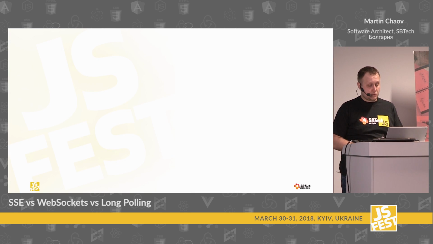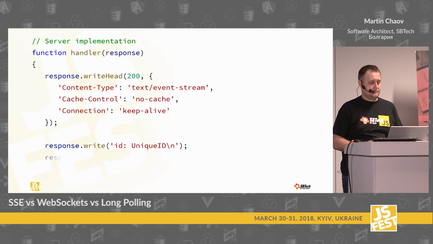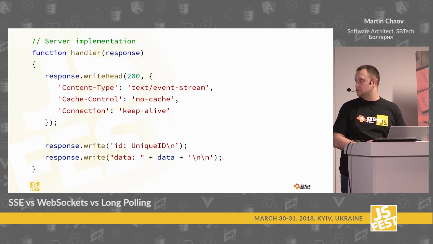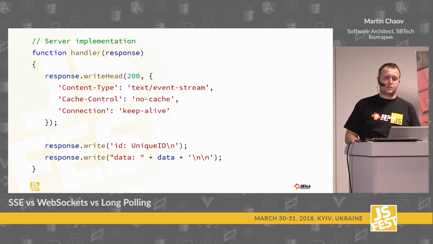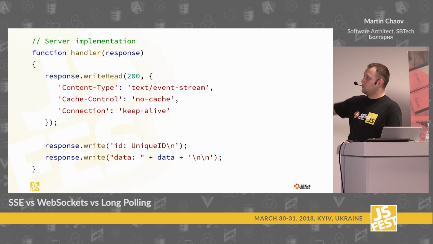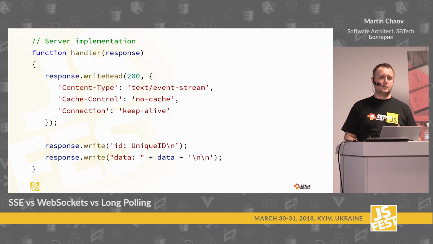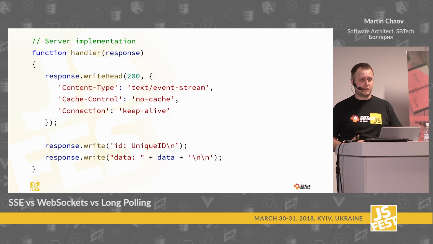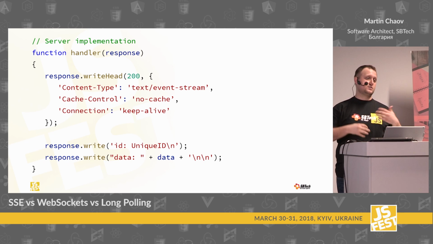Now, let's go to the server. The server is like this, like literally, that's it. This is the only function that you need to handle SSE on the server. So whenever you get a request, it needs to be signed with a special header which upgrades it. It's an event source header. If you don't have this header, you cannot subscribe.